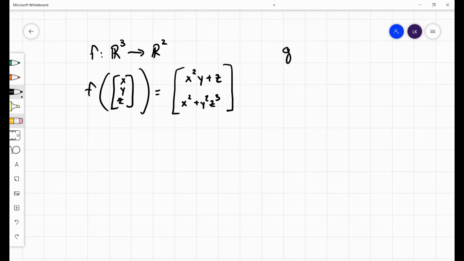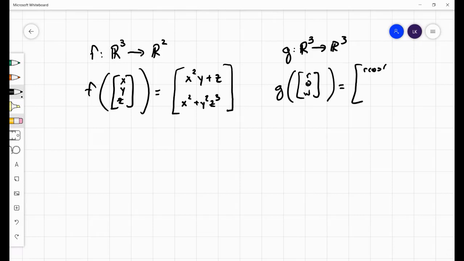And maybe we can make g a function from, let's say, R3 to R3. It's defined by a function of three coordinates, r, theta, and w. You probably see where this is going. Cylindrical coordinates, so the output is going to be r cosine theta, then r sine theta, and then w.